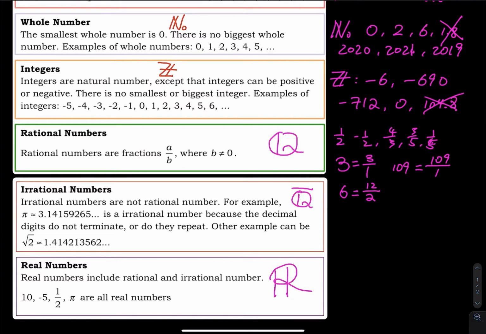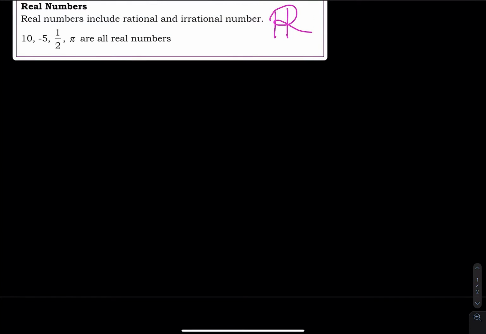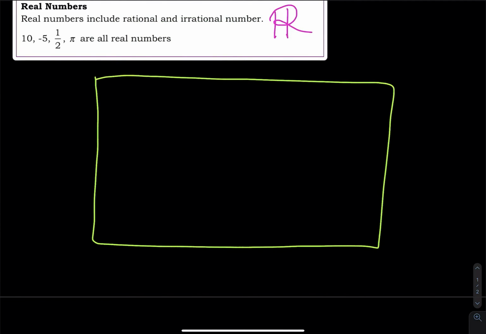So let's draw a picture to illustrate the relationship between all these number sets. I'm going to draw one picture. The biggest group is real numbers. Let's change colors for that. So this whole group is real numbers, all types of numbers.